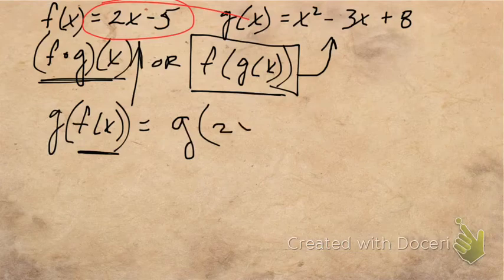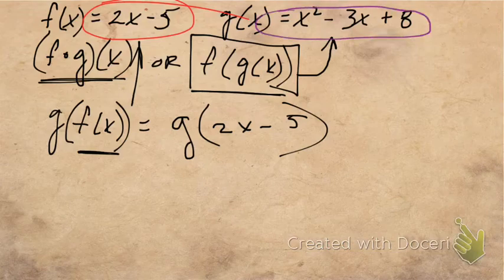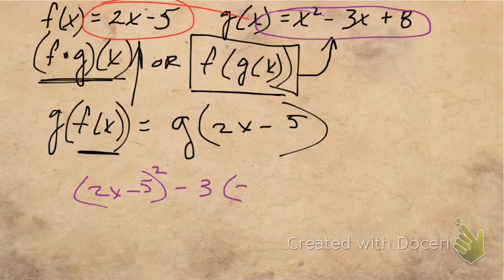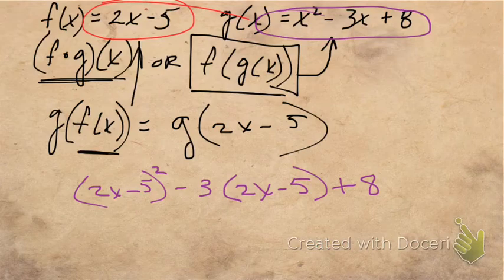Yes, 2x minus 5. Now we would look up at this one here, and wherever we see an x, we're going to put 2x minus 5. So we'd have (2x minus 5) squared minus 3 times (2x minus 5) plus 8. And then we would just do the math and figure out what that composite would be based on that little bit of a change there.